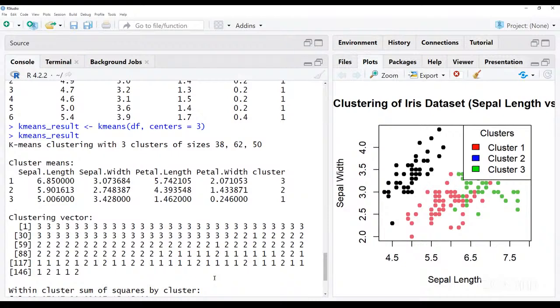So out of 150, it has given three clusters. So they have been classified into three clusters. And for cluster one, the sepal length mean is this, sepal width is this, petal length is this, petal width is this.